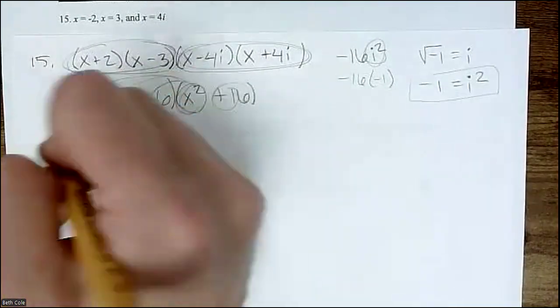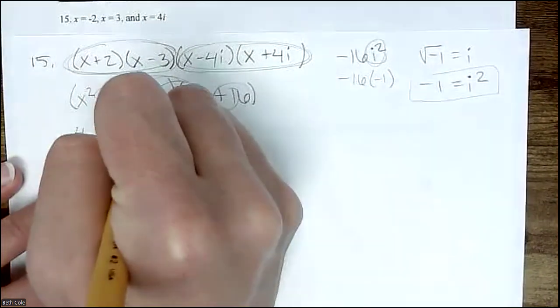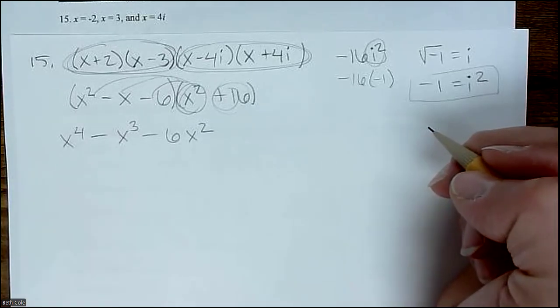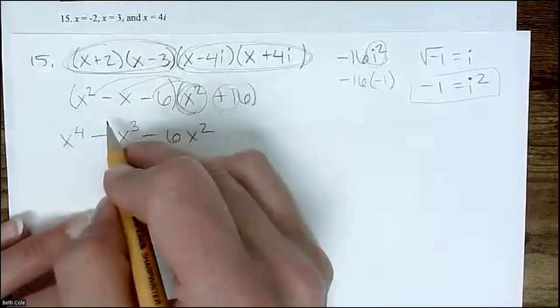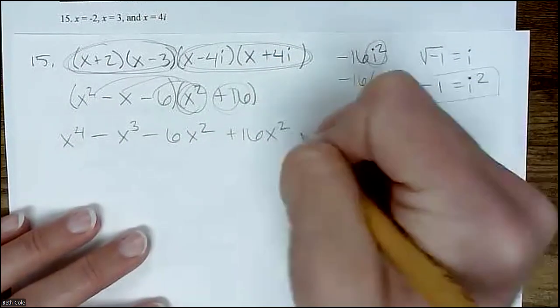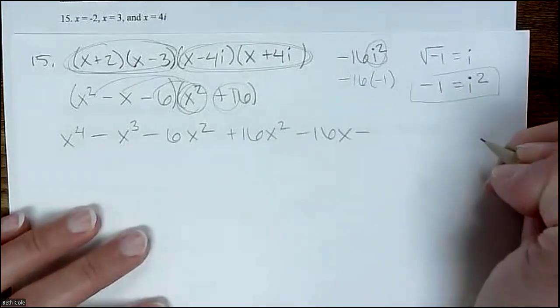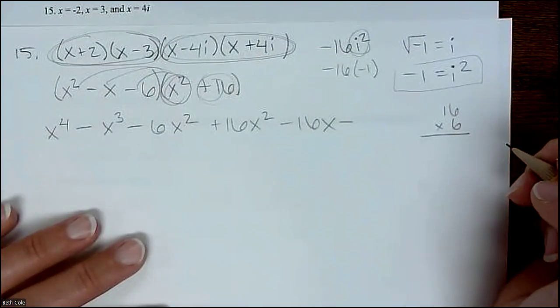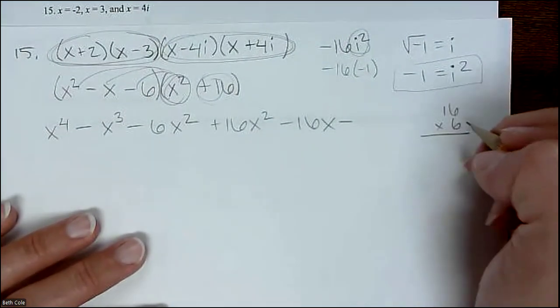So if you distribute x squared, x to the 4th minus x to the 3rd minus 6x squared. It's a little bit of writing, but it's not like hard, right? If you distribute a 16, 16x squared minus 16x minus, oh, I don't know, 16 times 6, and this is on the non-calculator part of the test, so fair game.